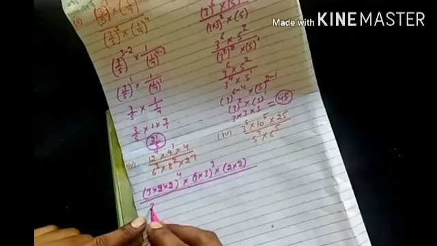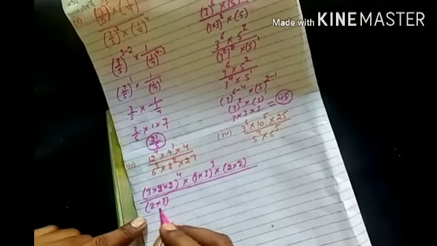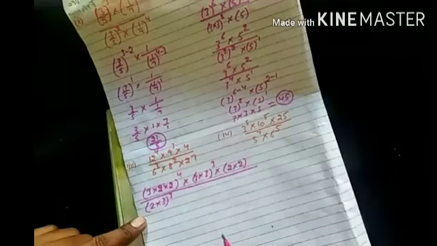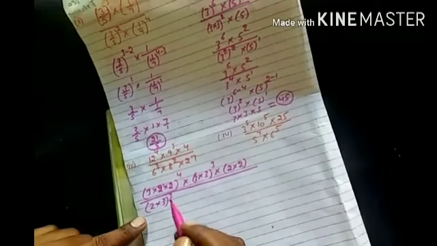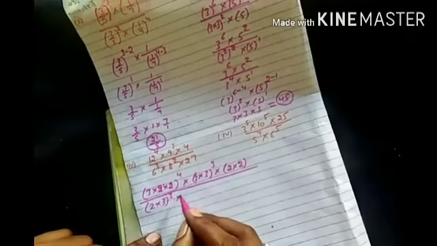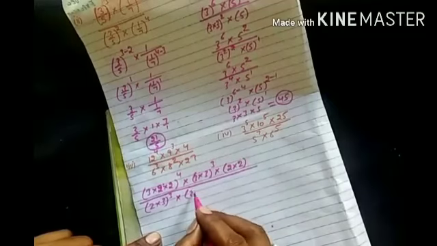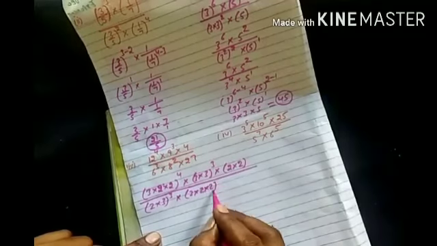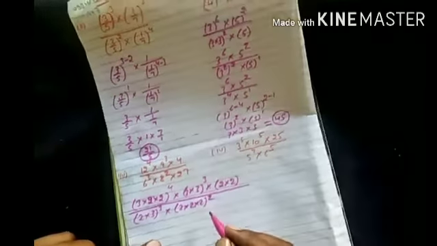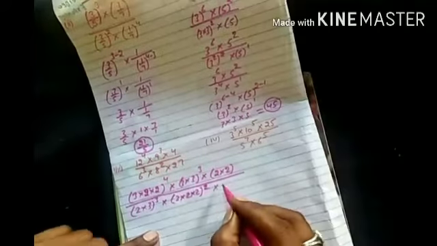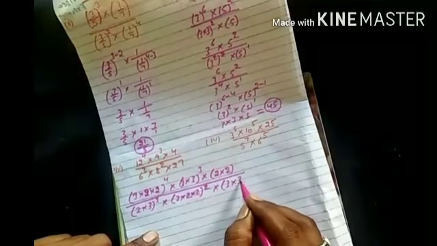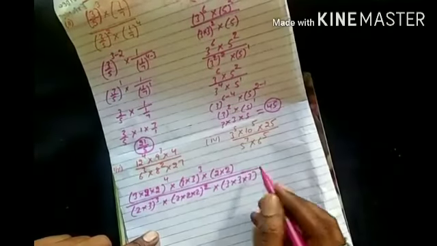6 cube means 2 multiply 3 cube, because 6 is equal to 2 multiply 3. Now 8 means 2 multiply 2 multiply 2, and 27 means 3 multiply 3 multiply 3.